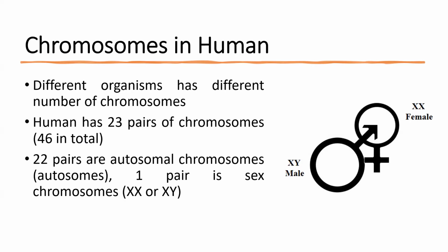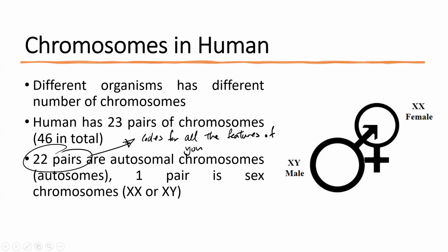Of the 23 pairs of chromosomes, 22 pairs are called autosomal chromosomes, or autosomes for short. These 22 pairs code for all the features of you, okay?